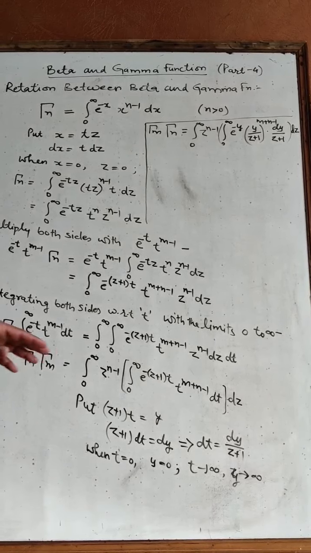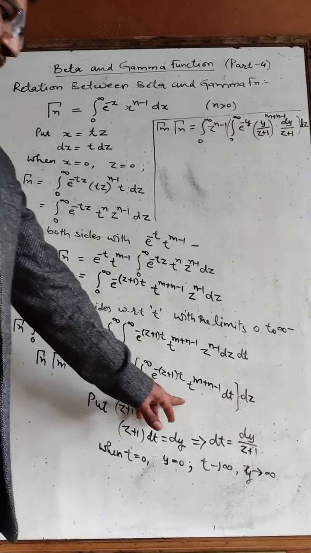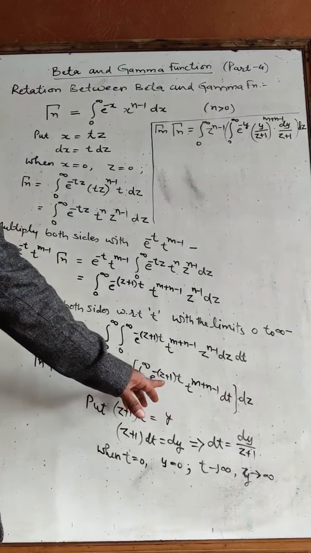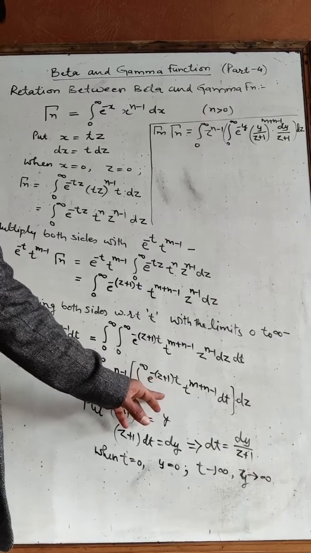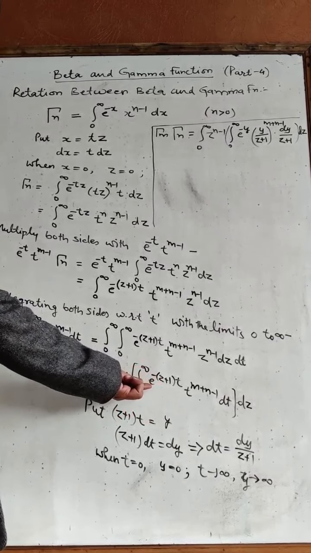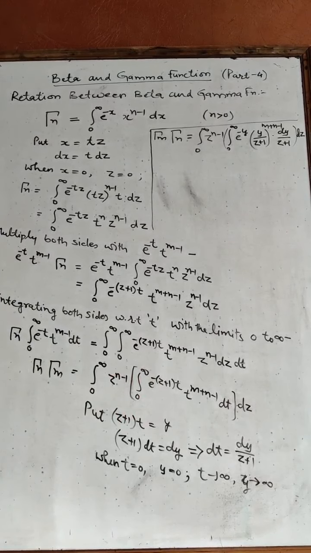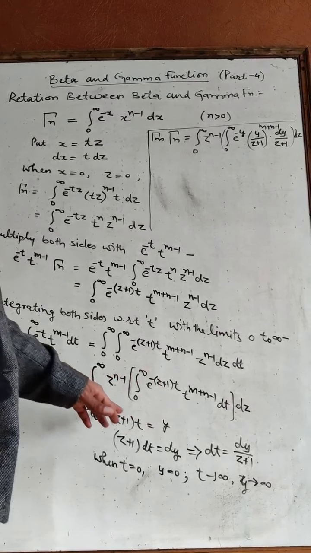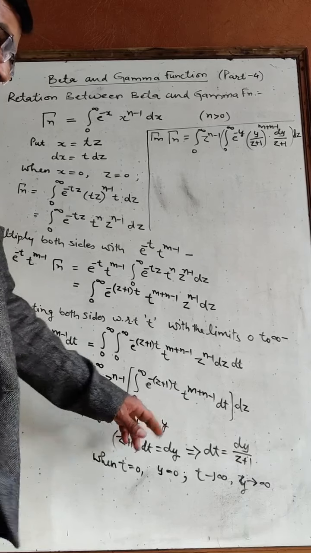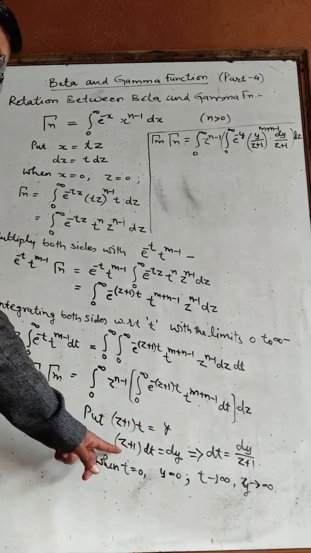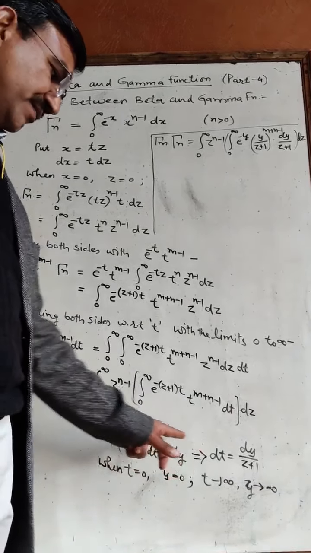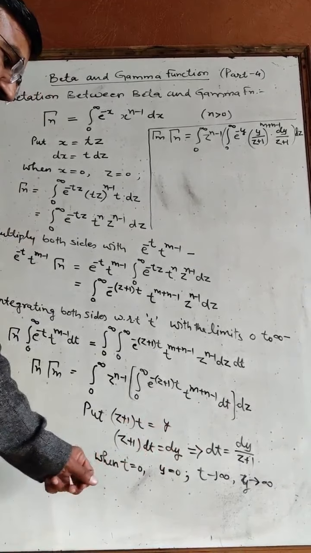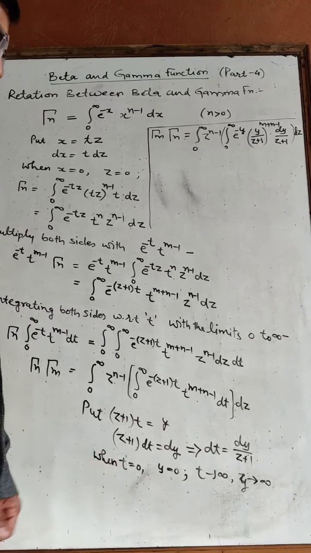So again look here, to convert it into gamma function we must remove this constant z plus 1 from the power of exponential function. So we will substitute z plus 1 into t is equal to y. From here we will find d of t, we will find the value of t, we would find the limits.